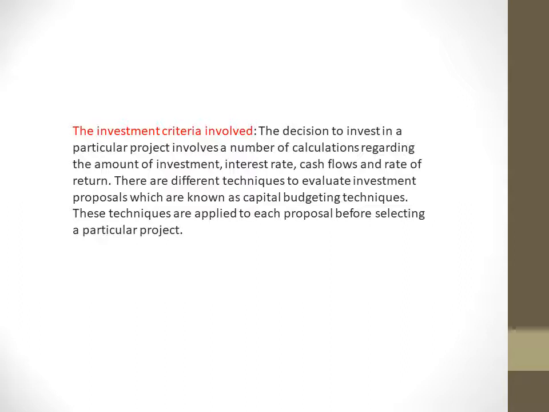So there are various methods or criteria which are involved in investment decisions. The amount of investment, interest rate, cash flows, and the rate of return are the different techniques which help in evaluating investment proposals, which you will study in higher classes later on. So these techniques are to be selected for a particular project.